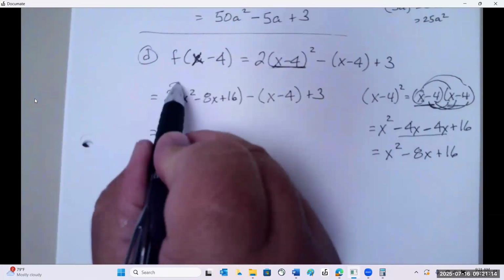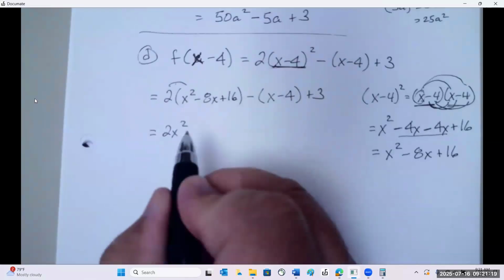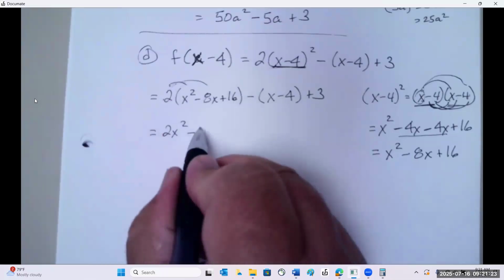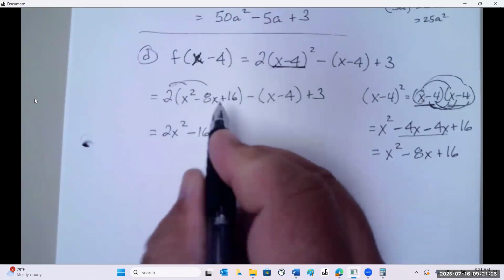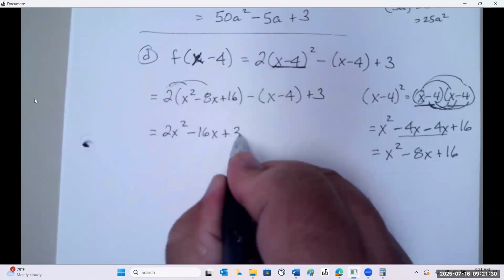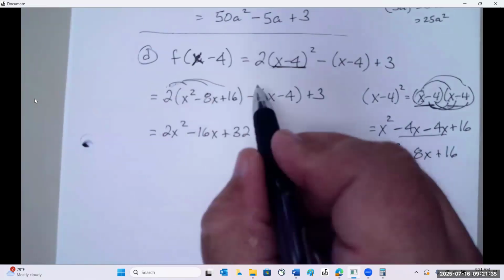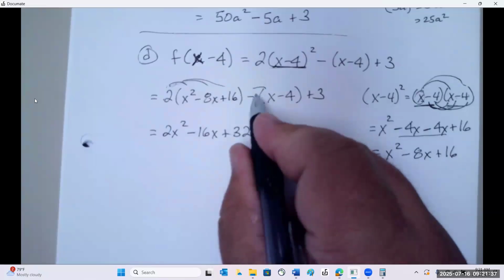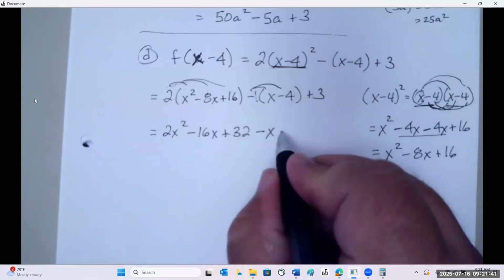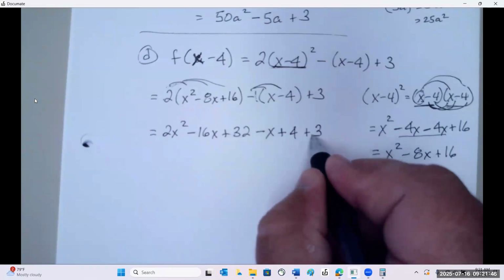Here, we take this 2 and multiply it to everybody inside that parenthesis. 2 times x squared is 2x squared. Positive times negative is negative. 2 times 8 is 16x. Positive times positive is positive. 2 times 16 is 32. Negative times positive is negative. 1 times x is x. Negative times negative is positive. 1 times 4 is 4, plus 3.